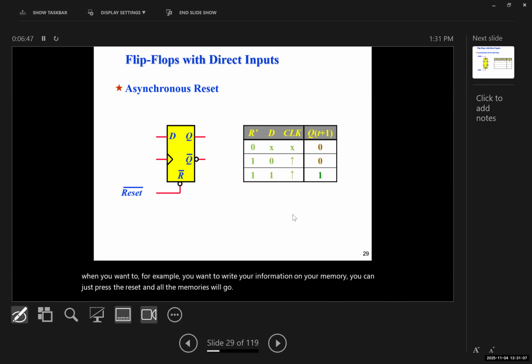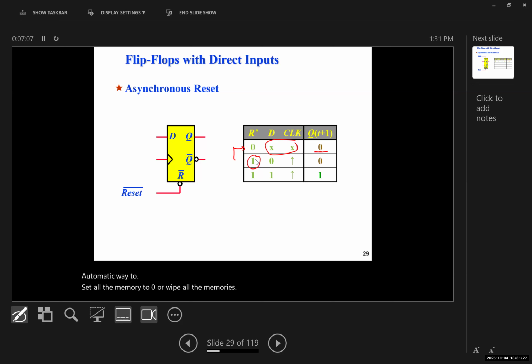So when you connect the reset, regardless of what the data or the clock is, the output would always go to 0 automatically. So it's an automatic way to set all the memory to 0 or wipe all the memories.